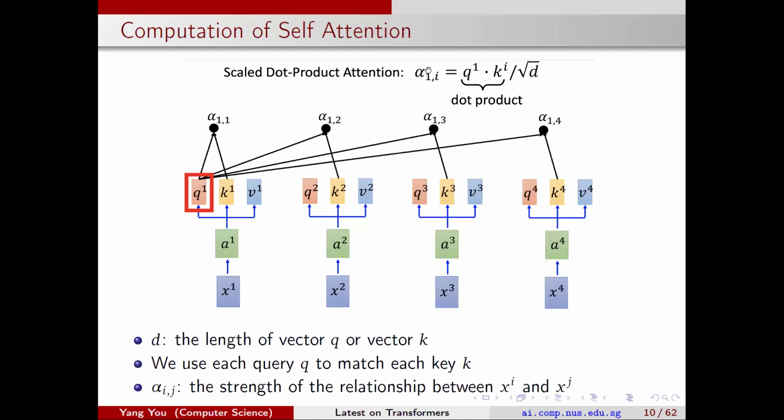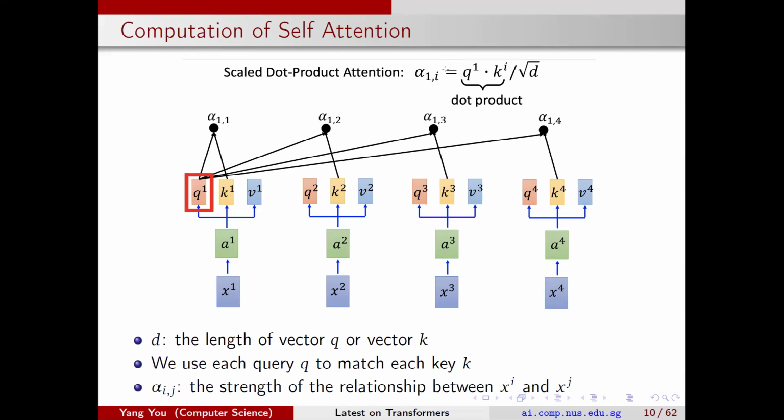By the way, what's the dimension or the shape of alpha 1,i? Let's assume Q is a V by 1 vector, and K is also a V by 1 vector. So what's the shape of this one? Yeah, just one, right? Take the dot product. So now we have a scalar to represent the strength of the relationship between i and 1.